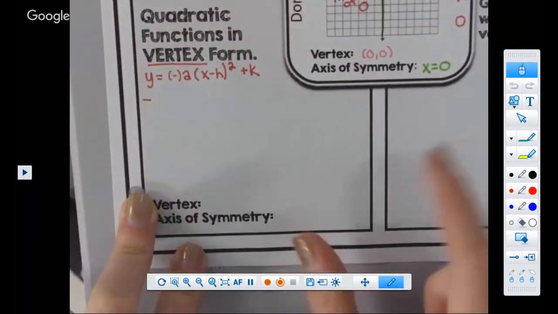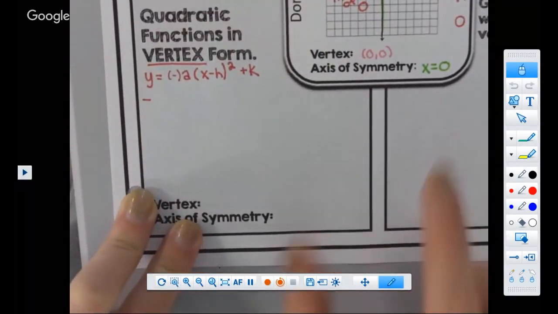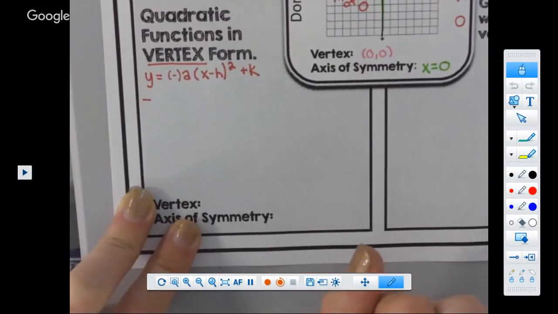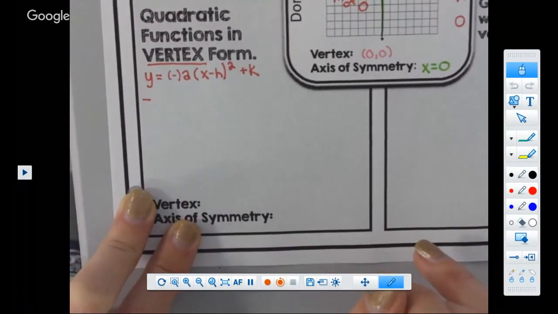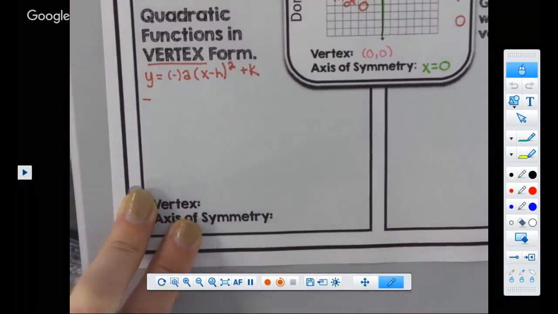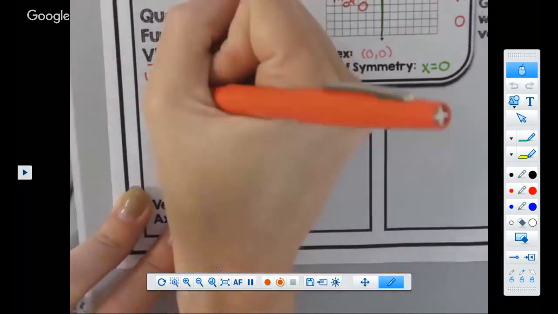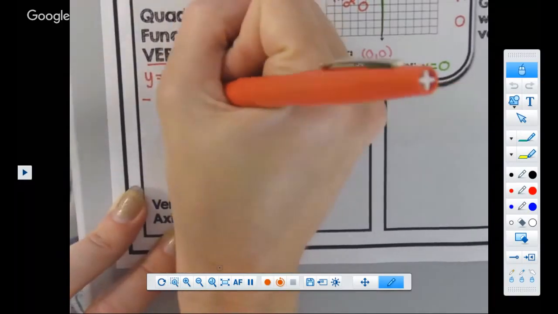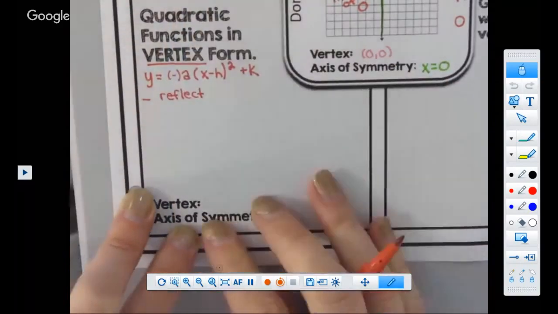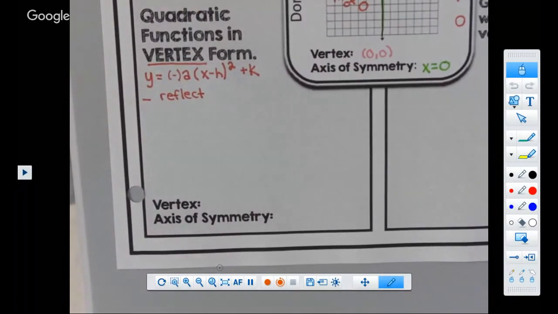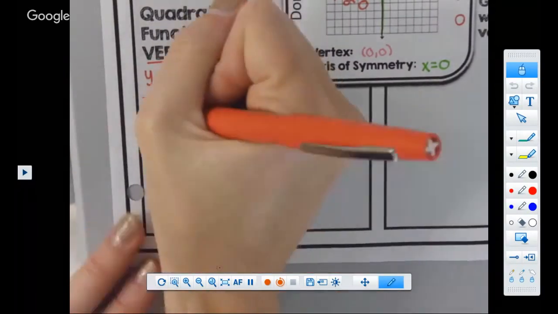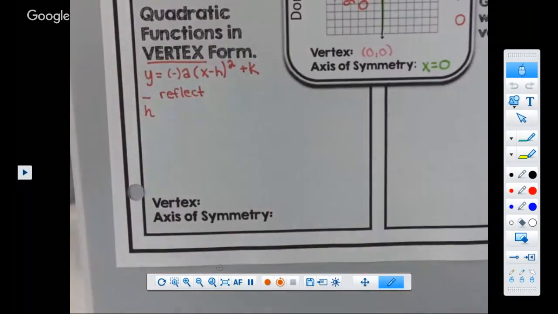If you ever have a negative out in front, what's that going to do? What's the word we use? It is going to make it up and down, but what's the word we use? Flip's fine. Reflect. Okay, flip or reflect. I'm going to write reflect, but flip is fine. If there's ever a negative, it's going to reflect. And we then have to talk about the h. And the h is on the inside, so it's going to go which direction?